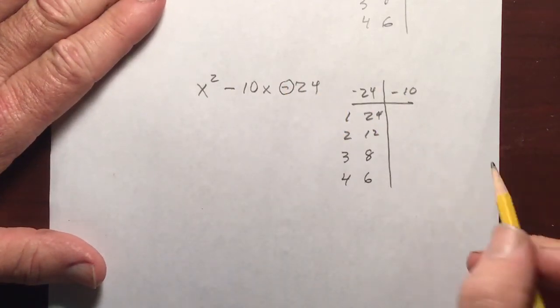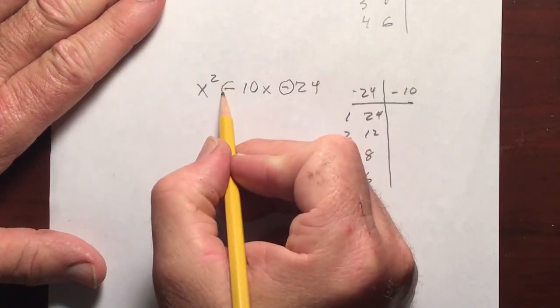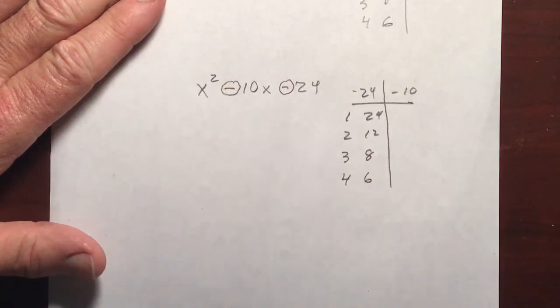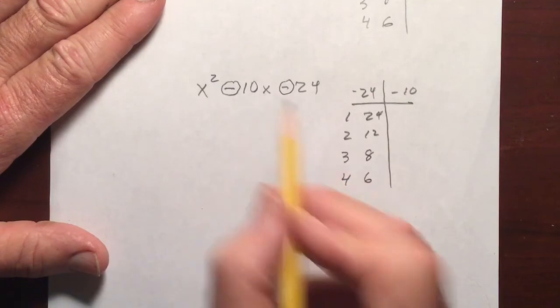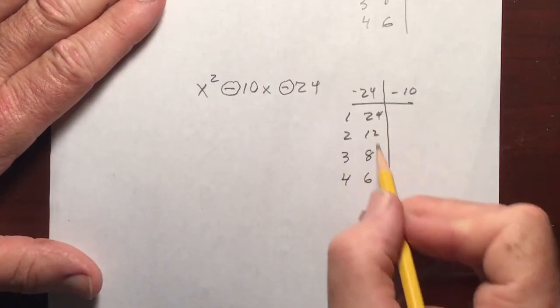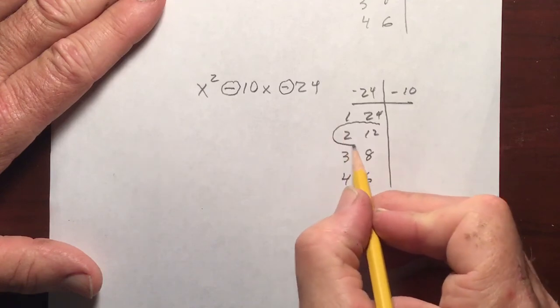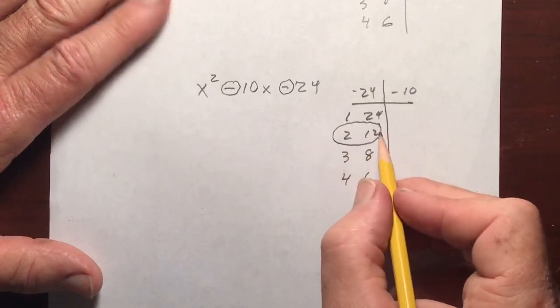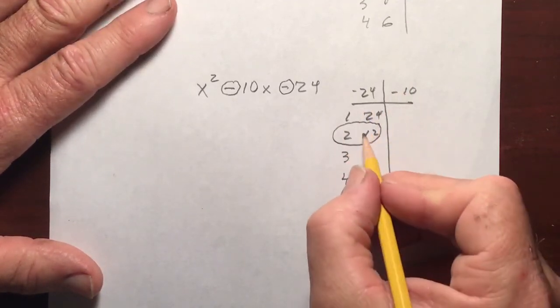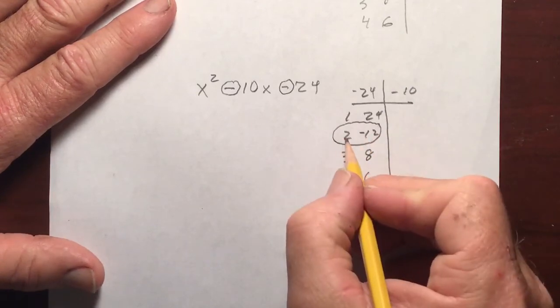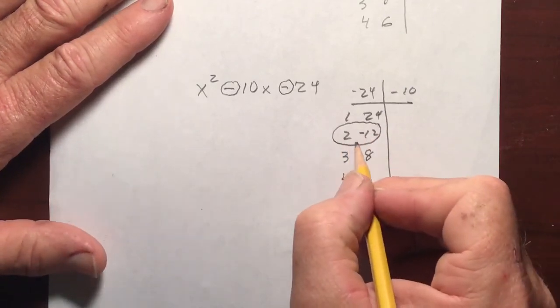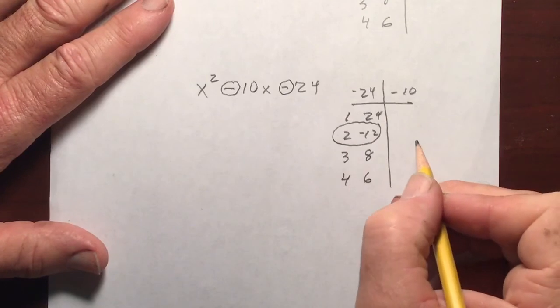One's positive, one's negative. This tells me that the sign of the larger number is negative, and the difference is 10. Which one of these has a difference of 10? This one here, except now it's negative 10, so the larger number is the negative.